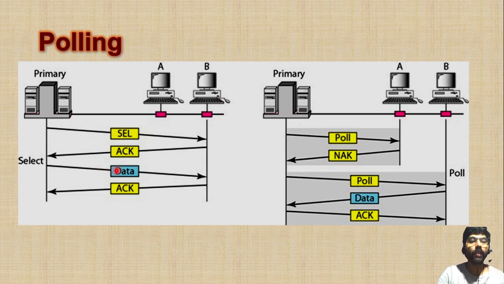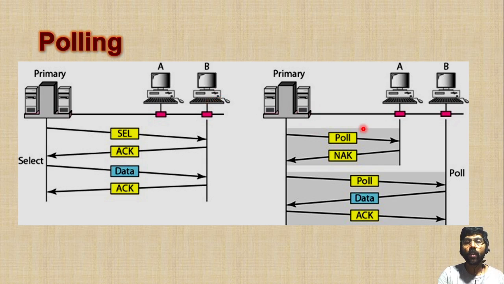So it will send the data to the secondary station. Once the secondary station receives the data, it will send back one more acknowledgement to the primary station. Here, when the primary station is sending a select frame, it also contains the address of the destination secondary station.